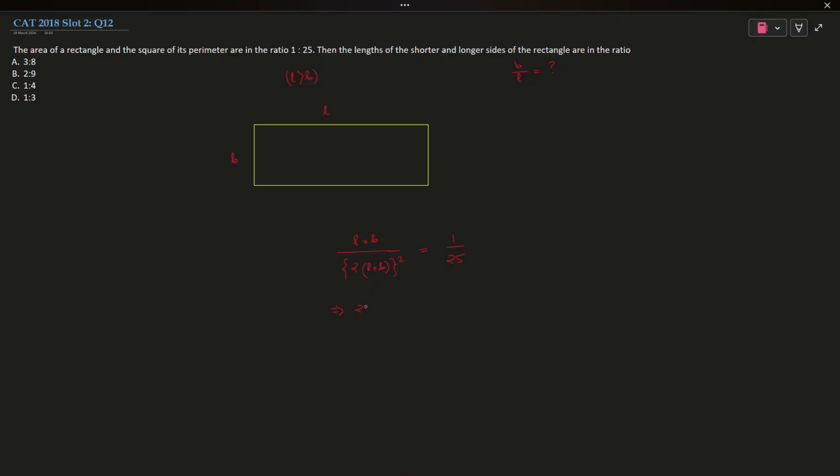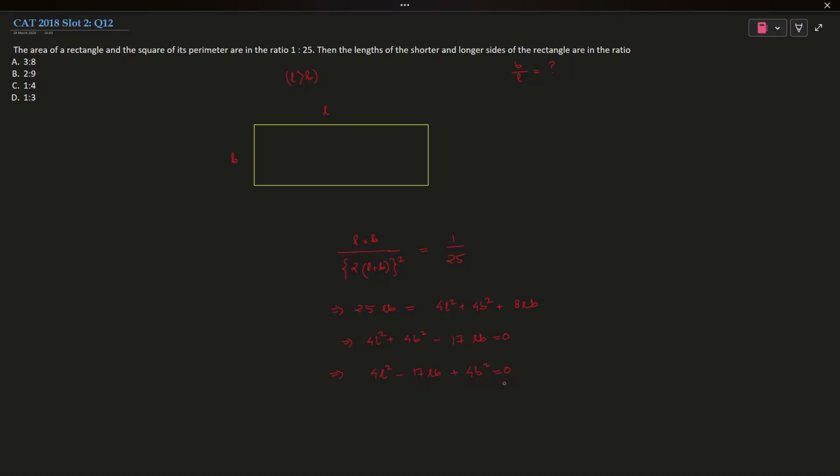From here I can say 25 times length into breadth is equal to 4l square plus 4b square plus 8lb. So 4l square plus 4b square minus 17 l into b is equal to 0. I can write this as 4l square minus 17lb plus 4b square is equal to 0.